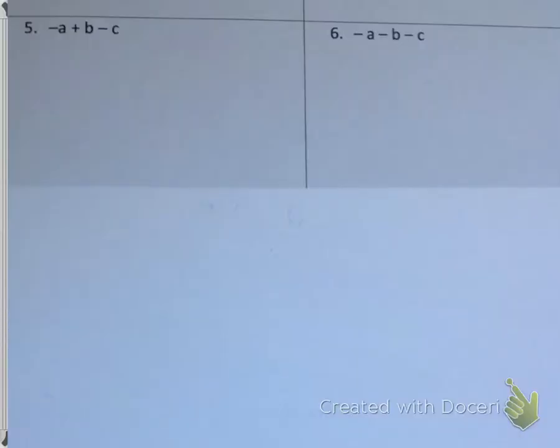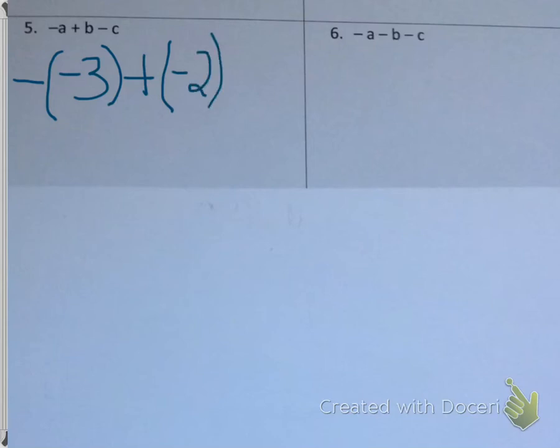Okay, number 5 is a little bit tricky because we have that negative symbol in front of the A. So basically what that's going to look like is negative and then negative 3 plus negative 2 minus negative 8.